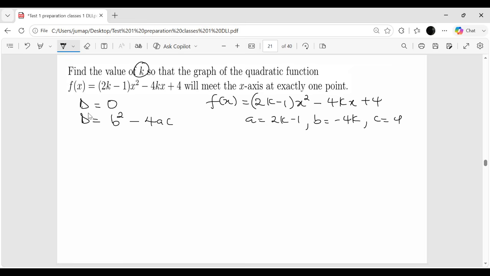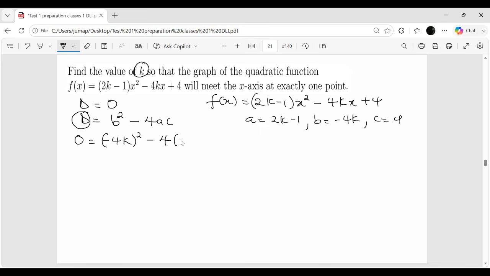So in this case, we've identified what d is because we have one solution, meaning that it is 0, is equal to what is our b squared? B is negative 4k. So it's going to be negative 4k. Then I'm going to square it. Then I'm going to say minus 4. What is my a?